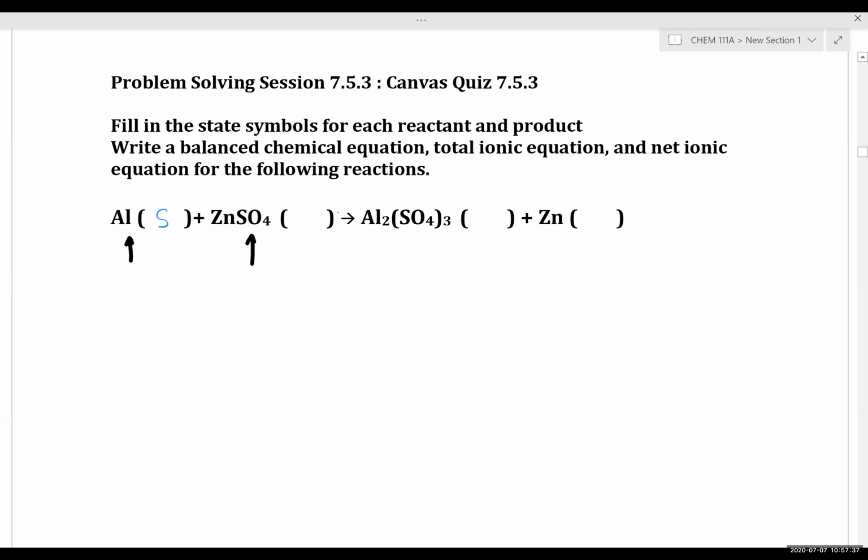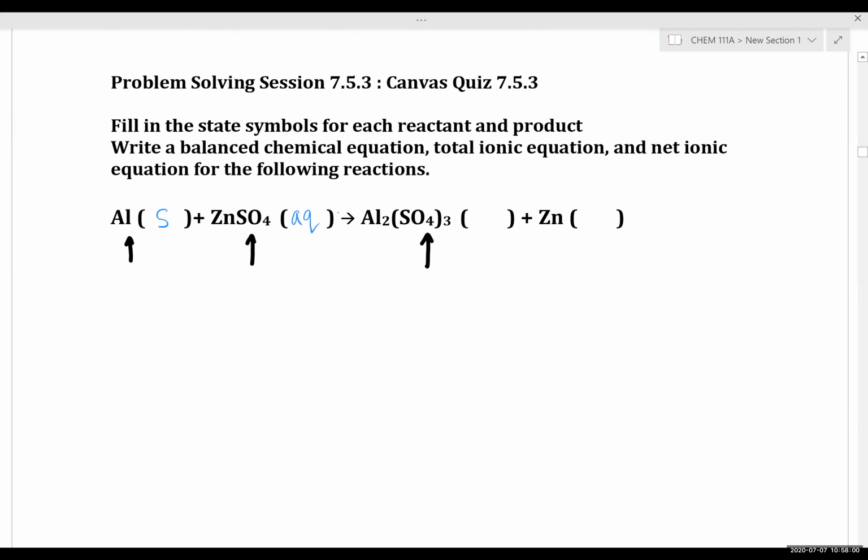Zinc sulfate. Are sulfate salts generally soluble or insoluble? Is zinc sulfate soluble or insoluble? It's soluble, so we'd assign the aqueous symbol.